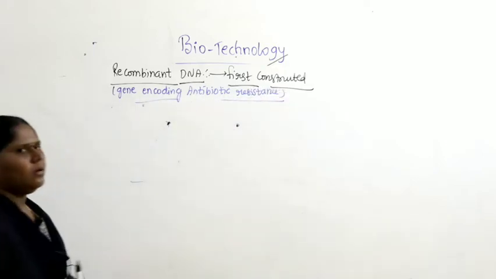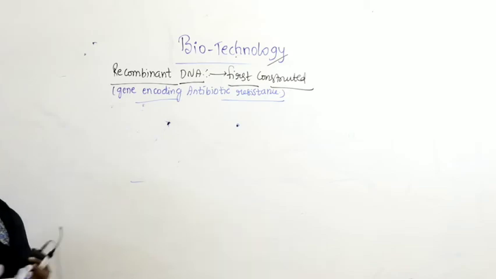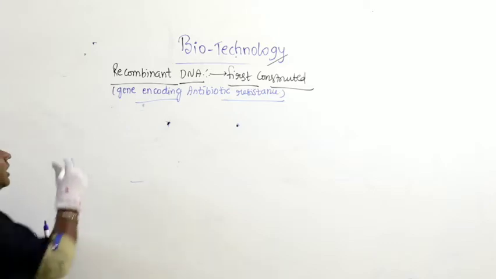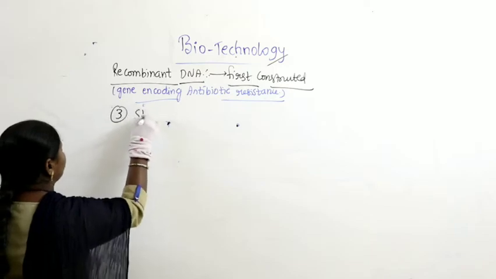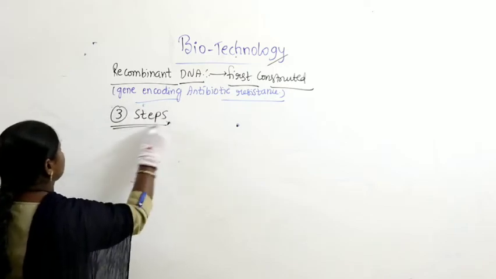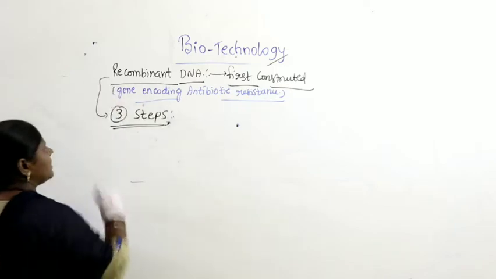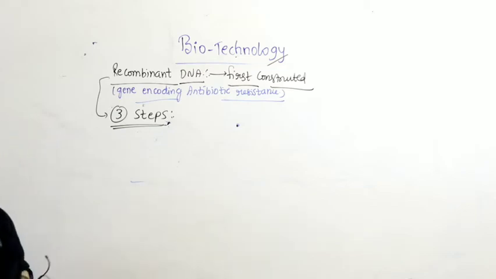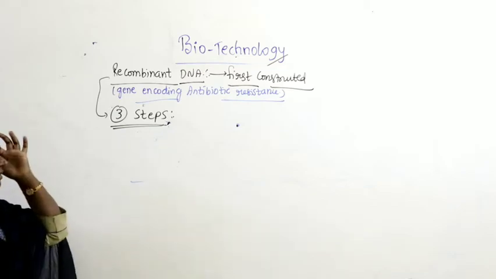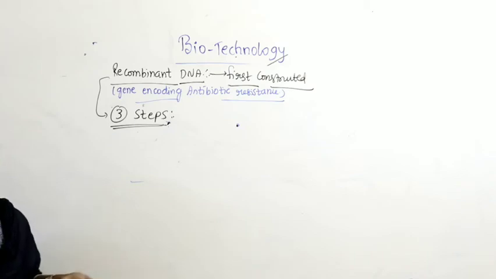Now, for doing this recombinant DNA technology, they identified that the process includes three steps. When they did that first experiment to construct recombinant DNA, they understood that the process is majorly divided into three steps.